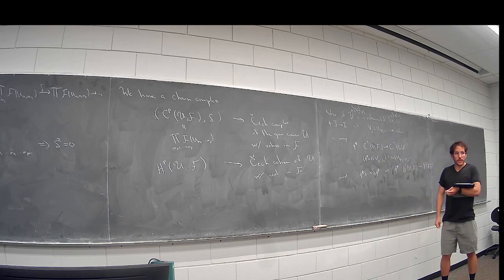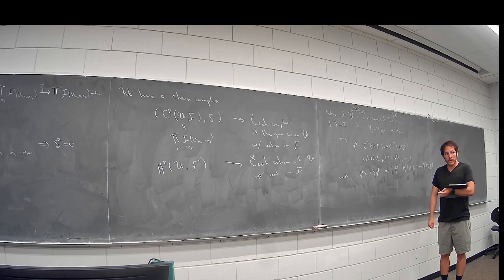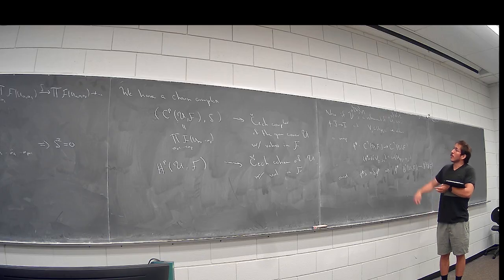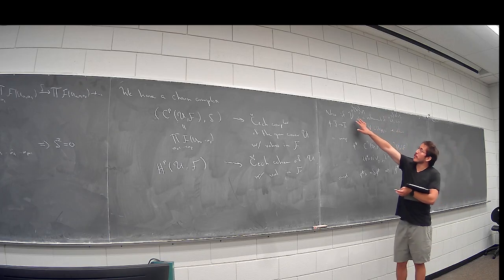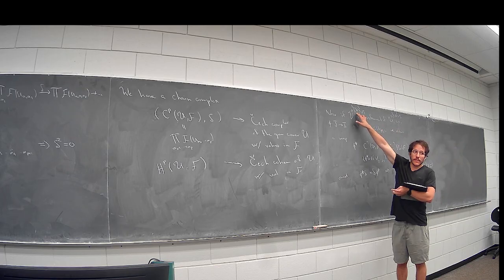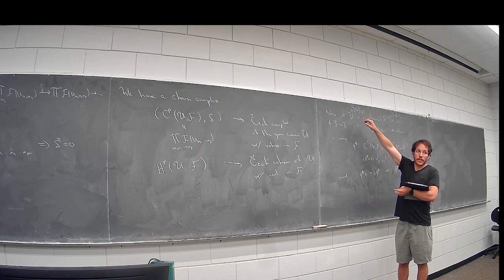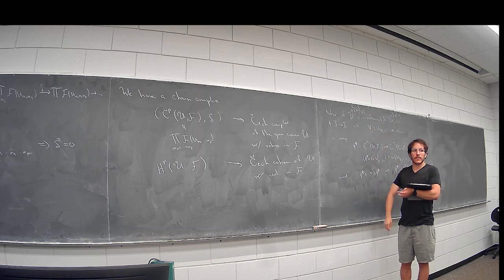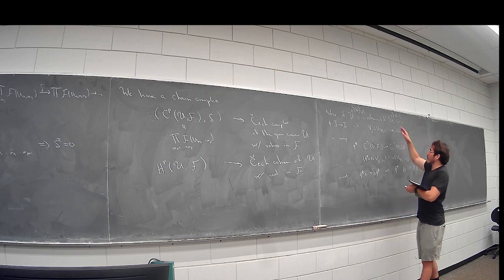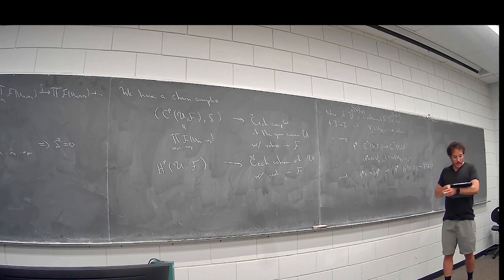What are V_j and U_i? The fancy V is an open cover, so every element is an open set. So V_j is an open set, whose union is everything. That's an open cover, it has to cover the whole space. And same for U_i. Okay, perfect. Thank you.